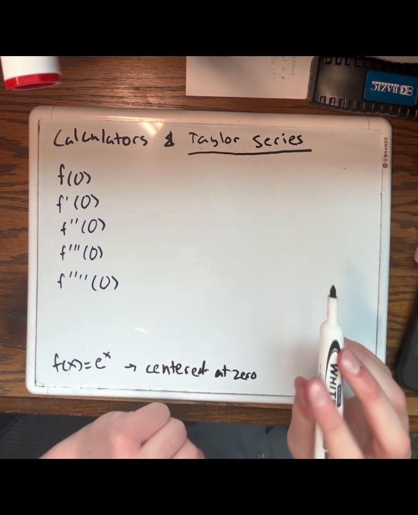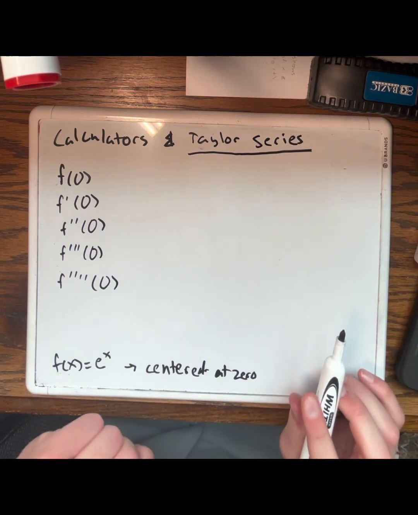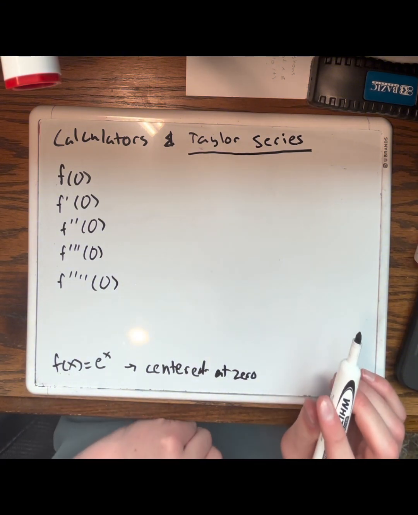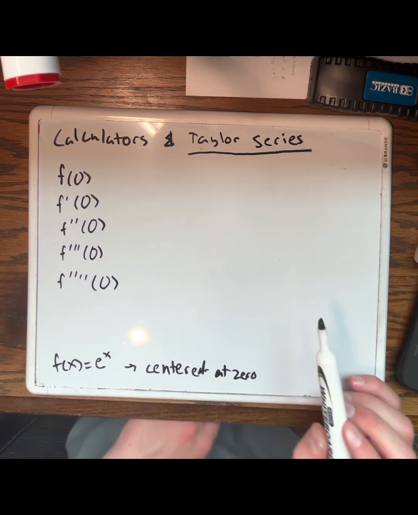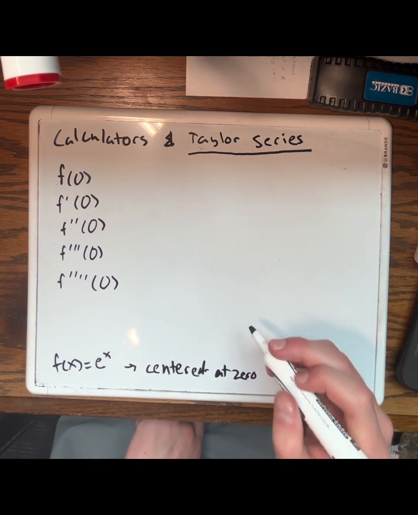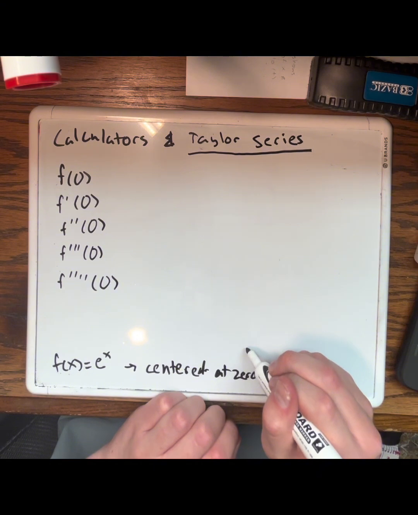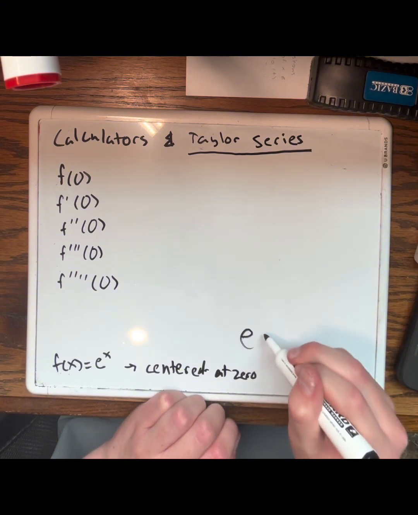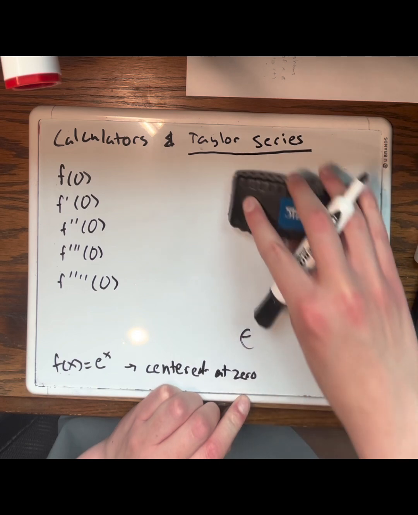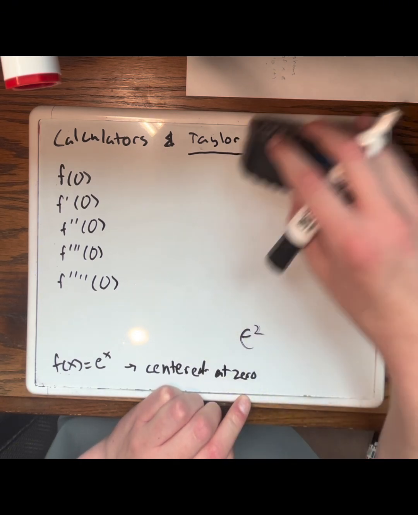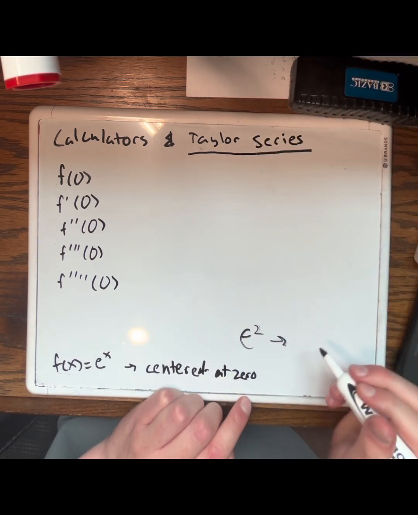I have a real-world example about how they'd be used in animation, but I just wanted to do one example about why they're even used in general, because when I first heard this, I thought to myself, well, I can push into my calculator e to the x, or e to the 2, and it just spits out the answer.